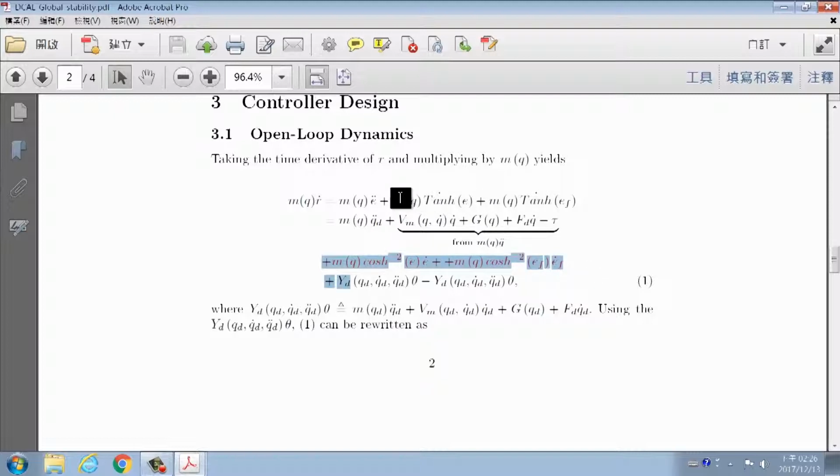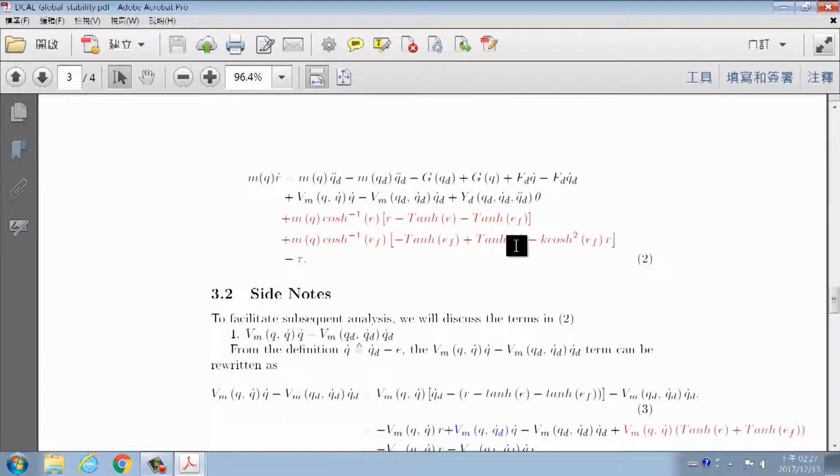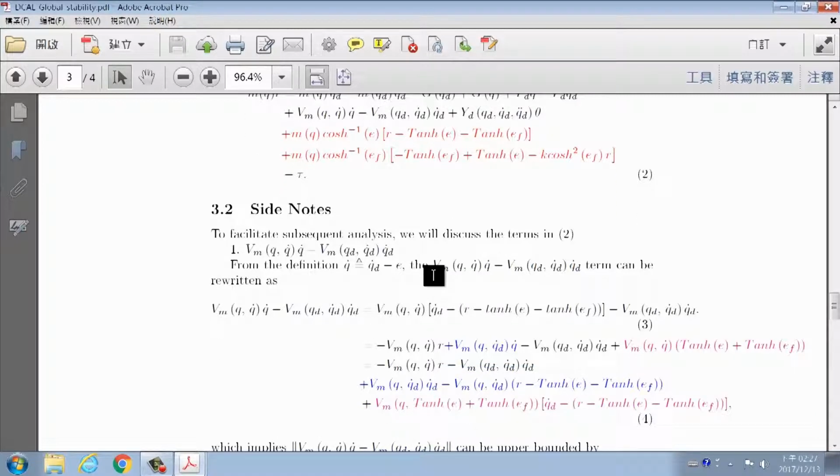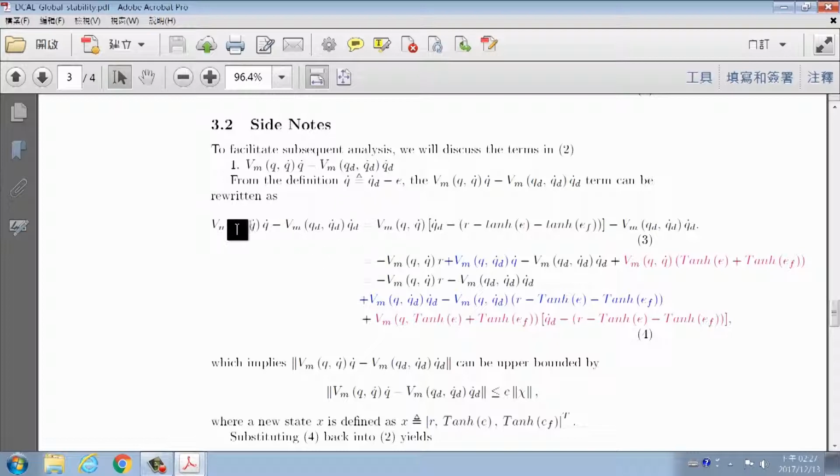The time derivative of these two parts equals these terms marked in red. So the procedure is pretty similar, and we follow the same procedure. We take care of each term one by one.